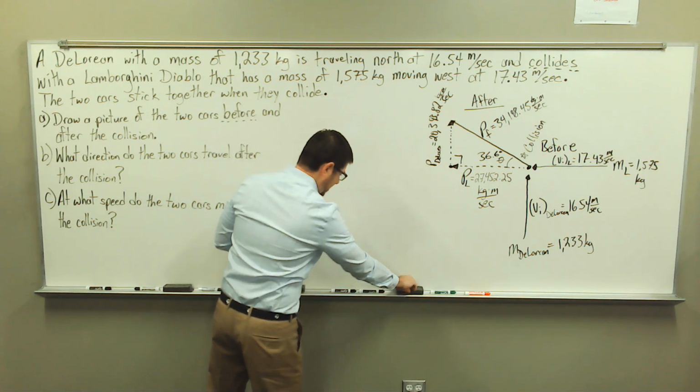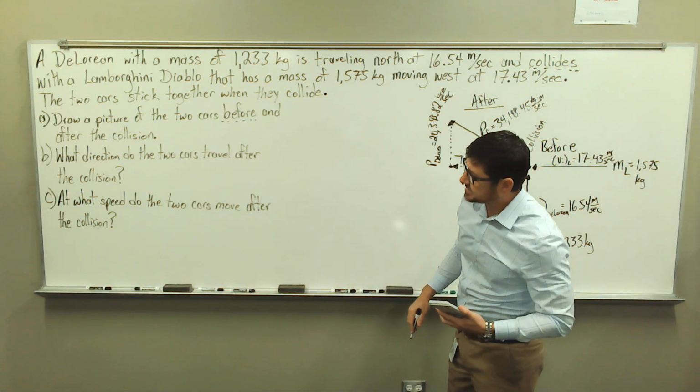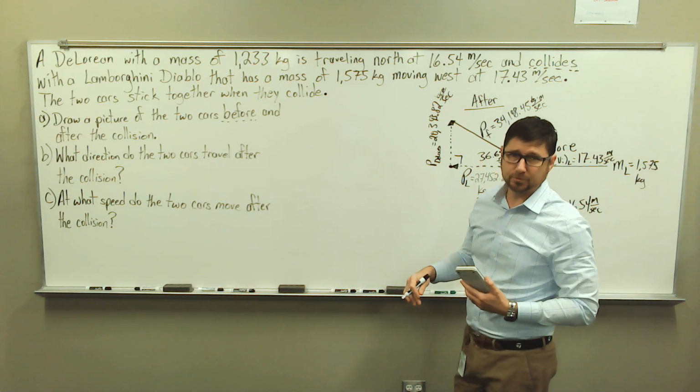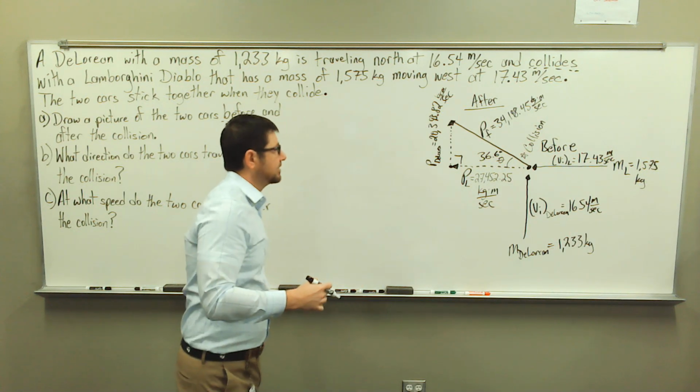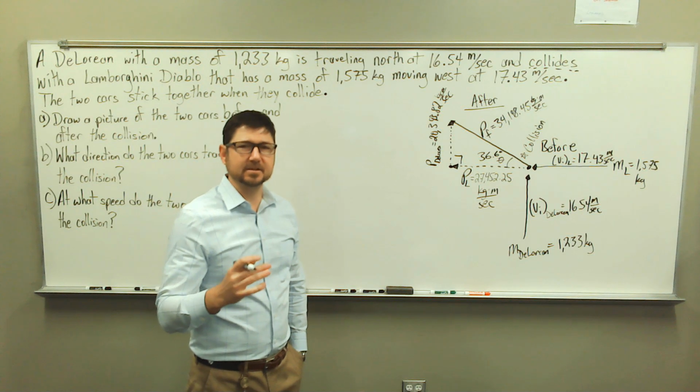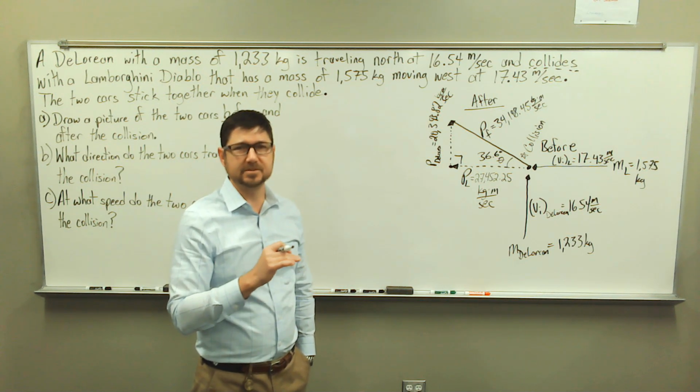All right, moving on. Part C says, at what speed do the two cars move after the collision, okay? Well, you know that momentum is the product of the total mass of the system times the velocity.